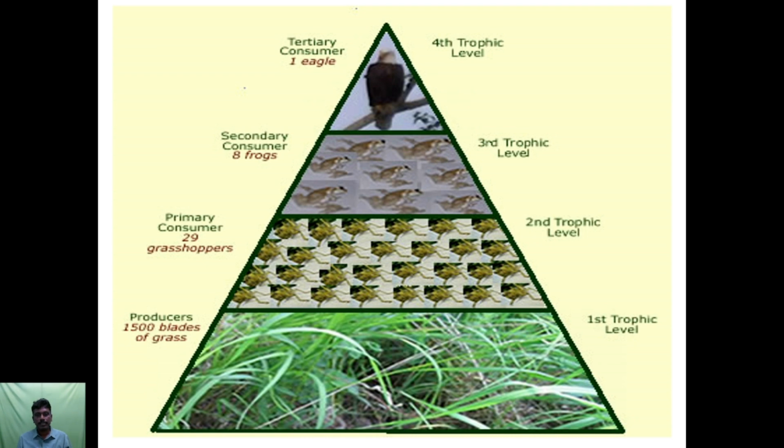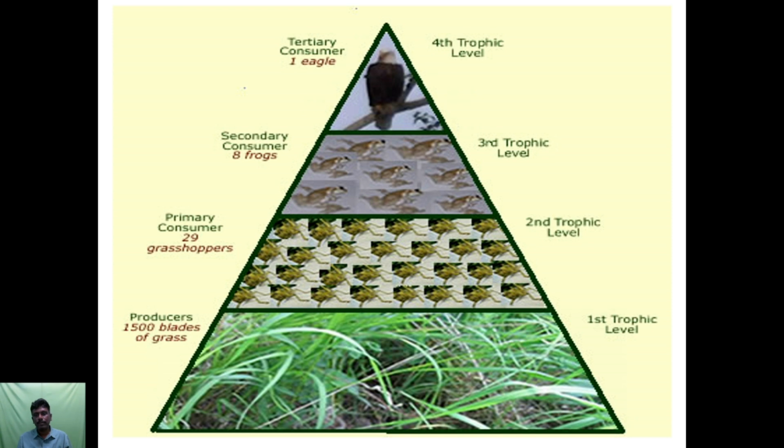So in this figure, it is clearly indicated, producers in the base. We are having producers. It is indicated that 1500 blades of grass, for example, first trophic level. So in the second trophic level, we are having fewer numbers, that is primary consumer, 29 grasshoppers.